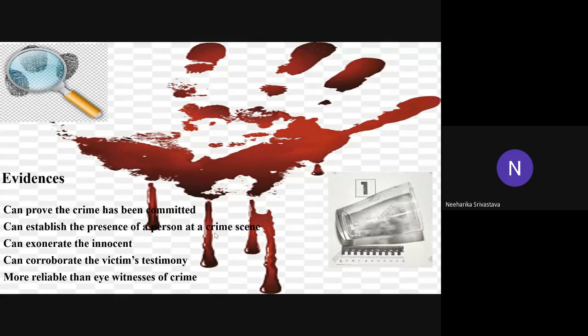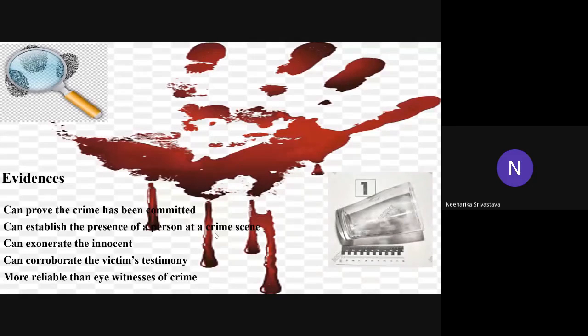Now we come to what the evidences are. Evidences, as I discussed, are found at the crime scene. These are the evidences which help in a successful investigation. These evidences belong to the victim and the suspect, and they help in creating a story of the crime scene.